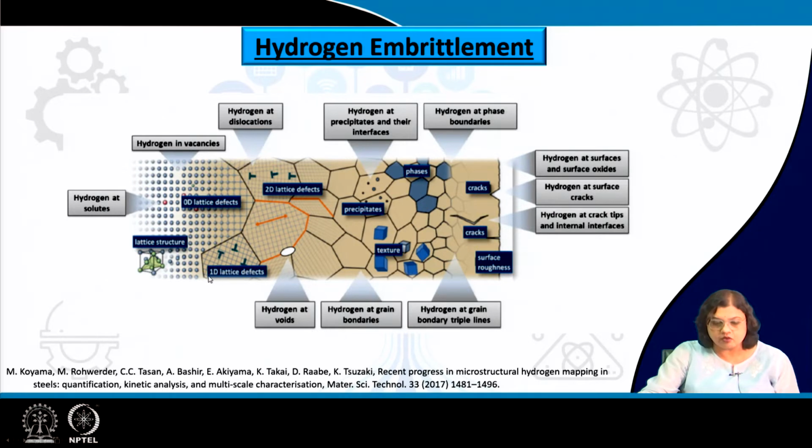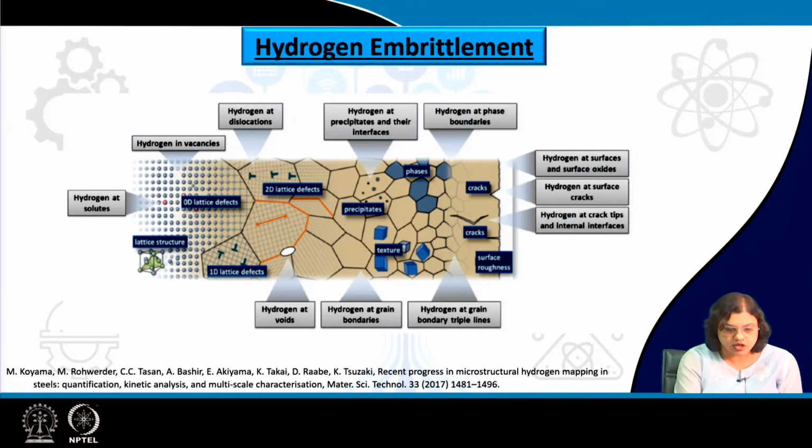It could be in the 1 dimensional lattice defects or the 2 dimensional lattice defects such as the grain boundaries and all. By 1 dimension I mean the dislocations on which the hydrogen can get absorbed or get trapped. As you can see here, the hydrogen can be present on the dislocations itself.